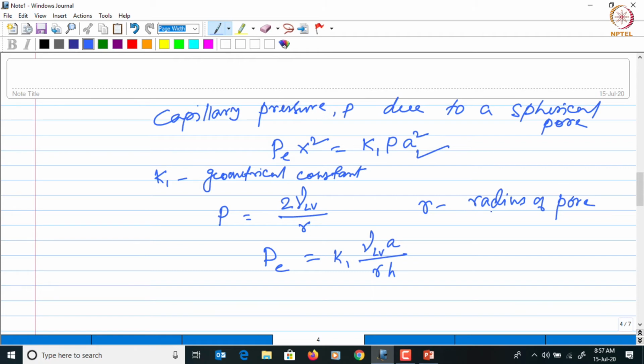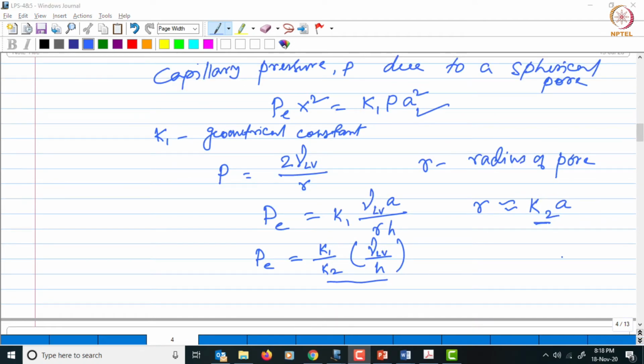Now, assuming that the radius of the pore is proportional to the sphere radius, that is R is proportional to a, or if you introduce this constant, R equals K2 into a, and from there we get PE as this.